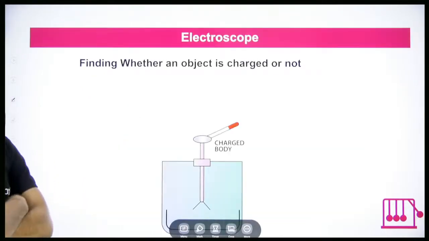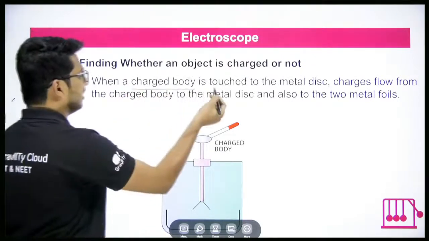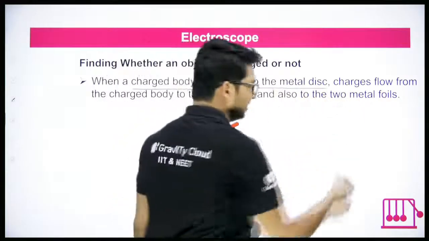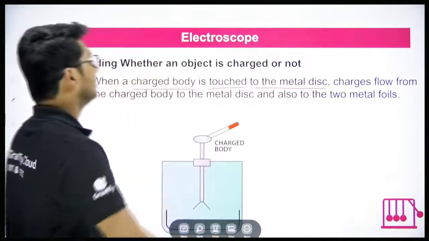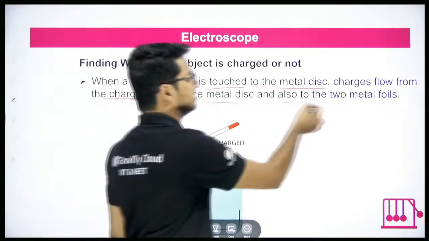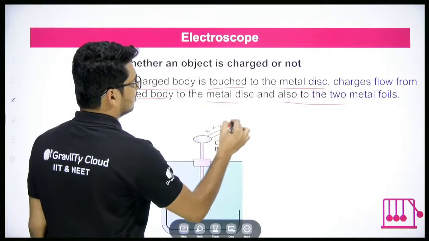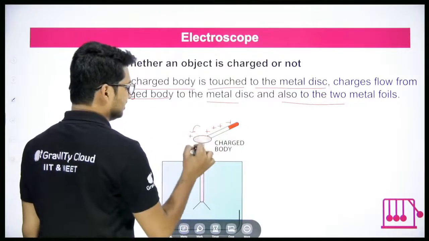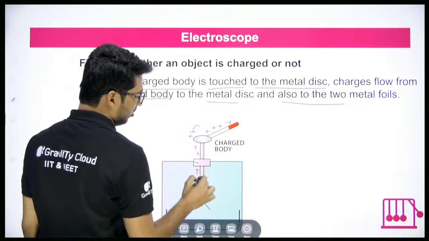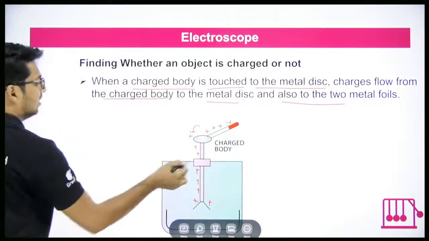Okay, good. Next, the same thing, we'll just show the method. When a charged body is touched to the metal disc, charges flow from the charged body to the metal disc and also to the two metal foils. Positive charges flow onto the disc, onto the rod and then onto the leaves.